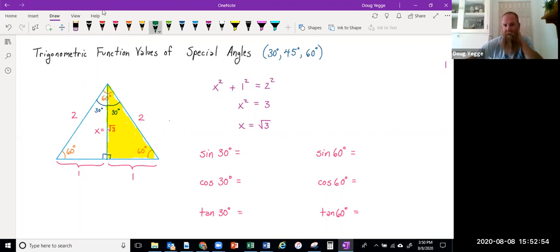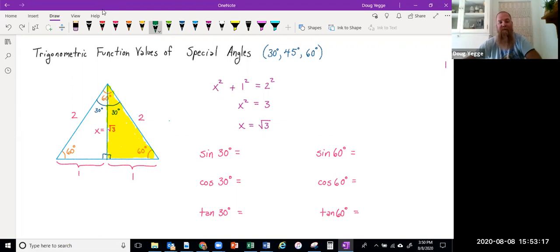So let's start with our 30-degree angle up here. Keep in mind that in this case, the opposite side is 1, the adjacent side is √3, the hypotenuse is 2. So based on this diagram, and if you ever forget these values, you could always redraw the diagram and go from scratch.